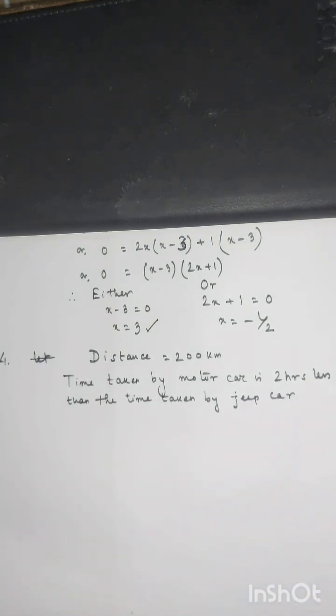Time taken by motor car is 2 hours less than the time taken by jeep car.